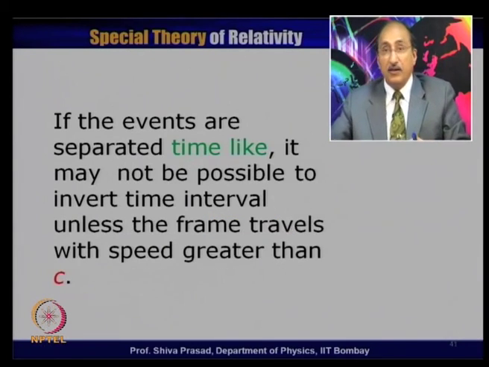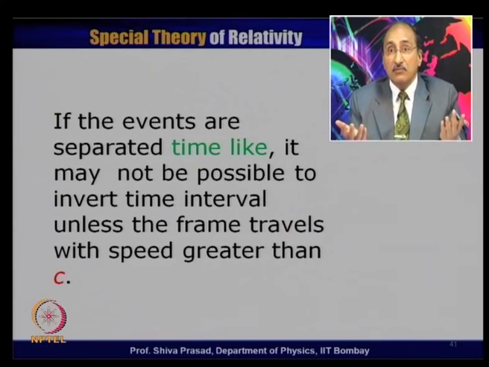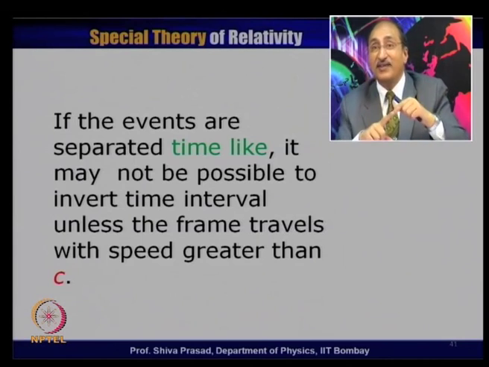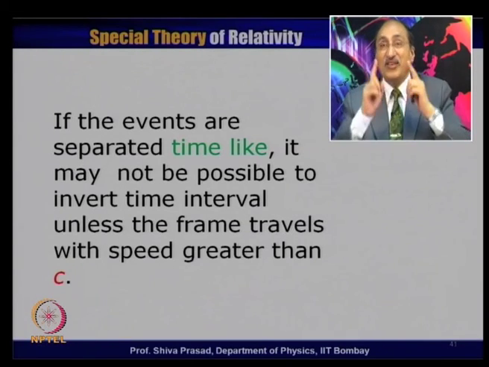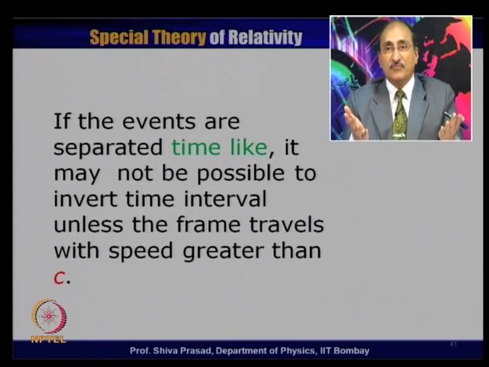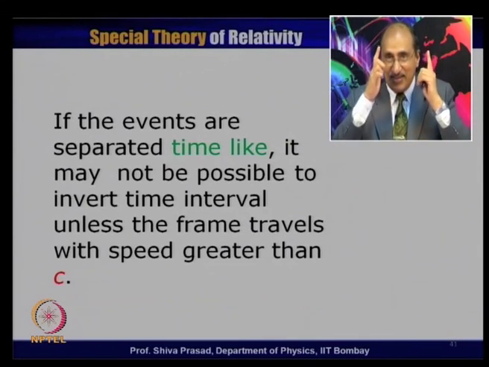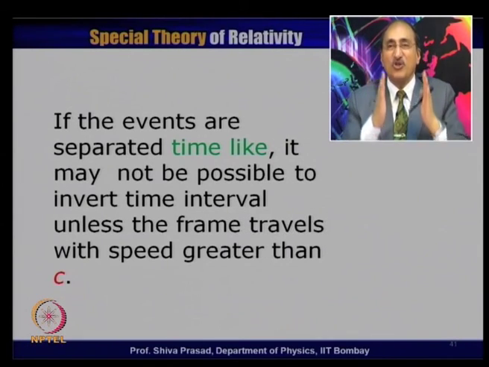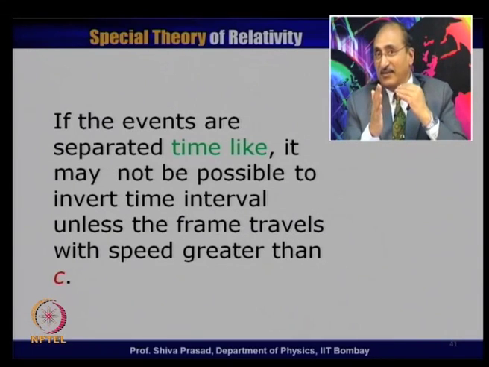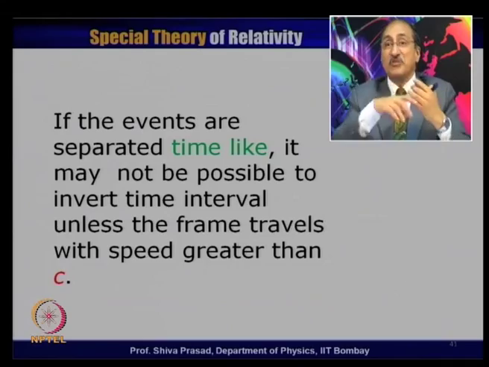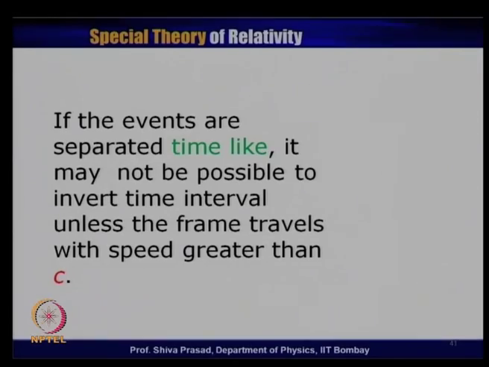And if the events are time-like, where delta x is less than c delta t, it is not possible to invert the time interval unless v is larger than c. So, if speeds greater than c are prohibited, causality will remain intact. It will not be possible for us to see that the cause comes later and the effect comes earlier in any other frame of reference.